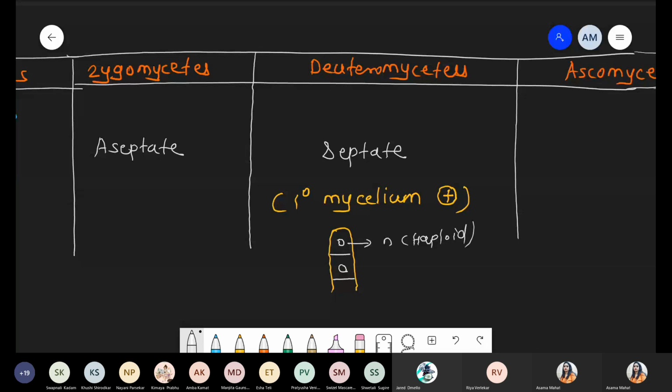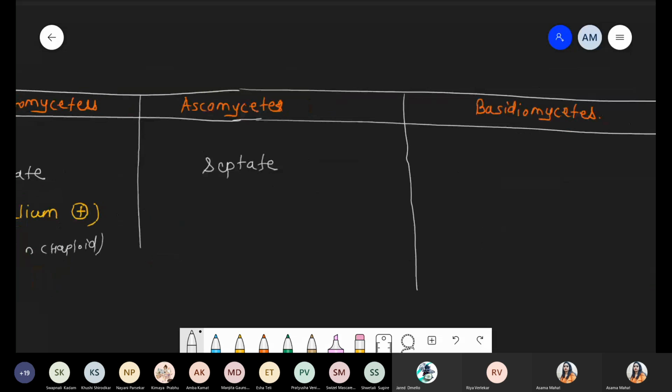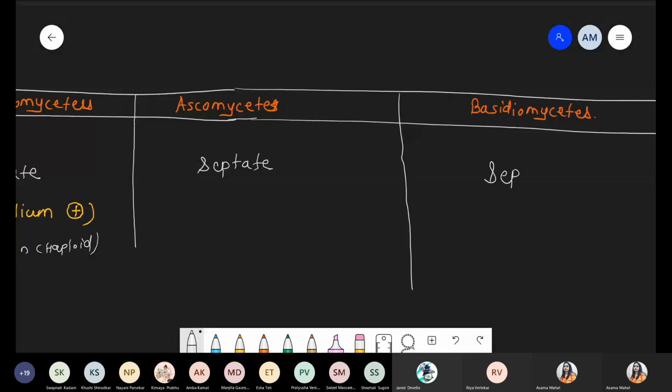Now under the Asco, there is a presence of primary as well as the secondary. यहाँ पे भी septate होगा. There is a presence of the septate mycelium, but in this scenario, there is exactly reverse condition with respect to Basidiomycetes. See, under the Basidio also there is a presence of the septate. But we are talking about difference with respect to primary mycelium and the secondary mycelium.